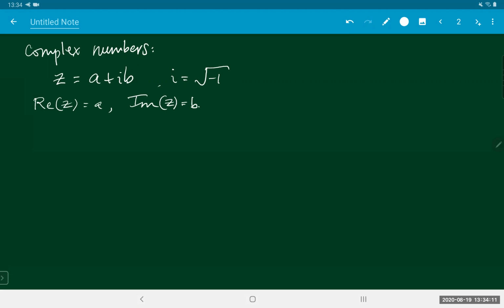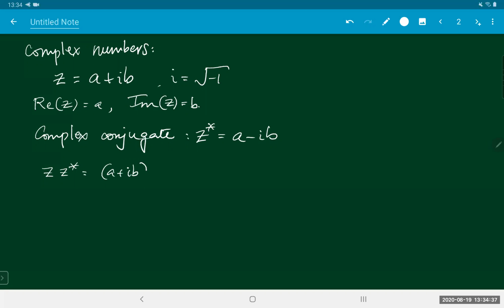Now, what you can do is you can add and subtract and multiply and divide them. You can also define what is called the complex conjugate of z, which is denoted by z star. And you just make the sign of the imaginary part negative. And if you do z multiplied by z star, you have a plus ib times a minus ib, which is a squared minus i squared b squared, or a squared plus b squared, because i squared is -1.